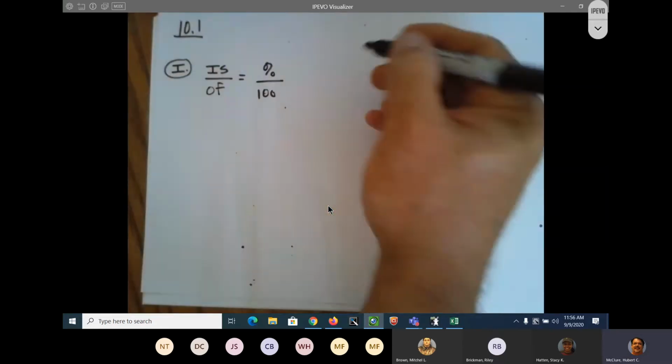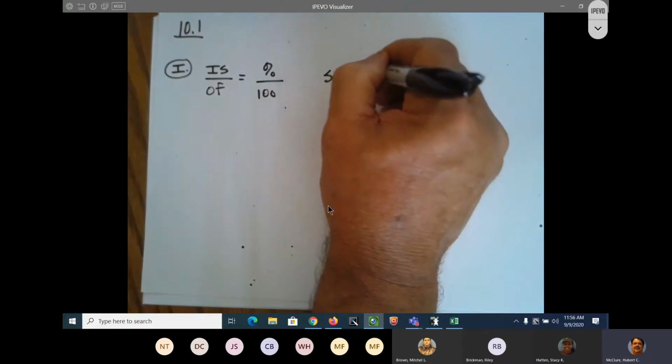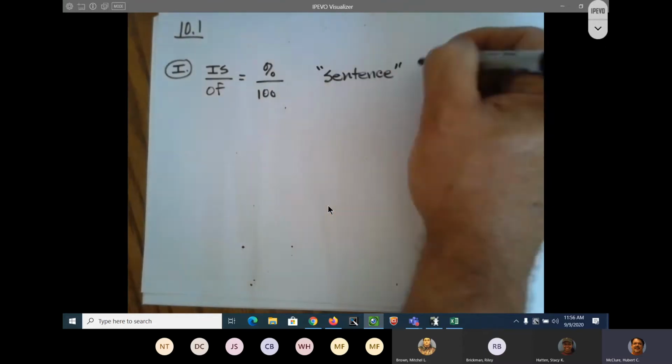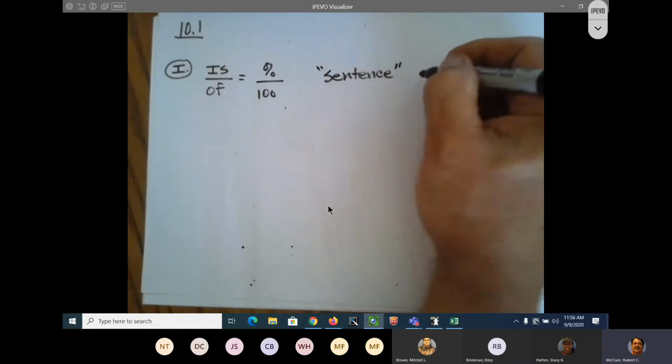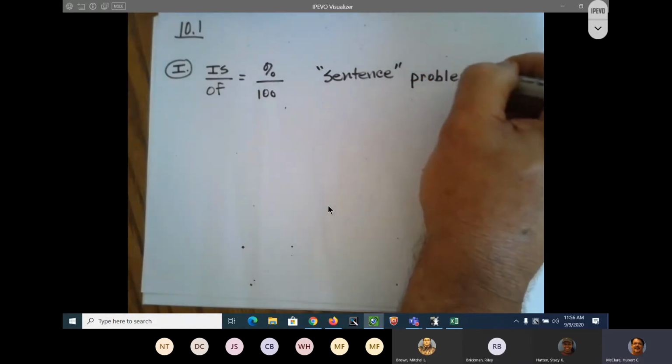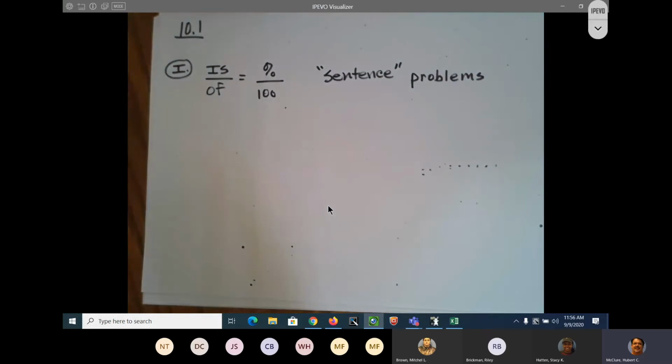I call these the sentence problems. Usually you have a sentence that says 12 is what percent of 32? Those are the problems you do with is of percent over 100. That's the first type of question I will ask you about.